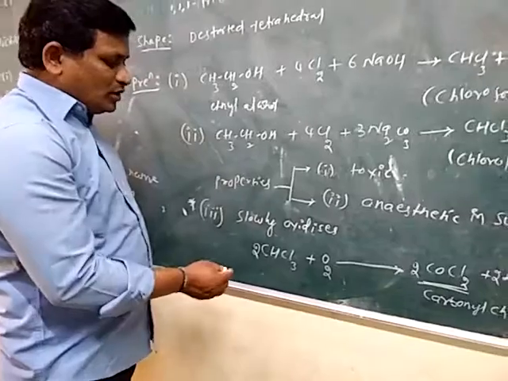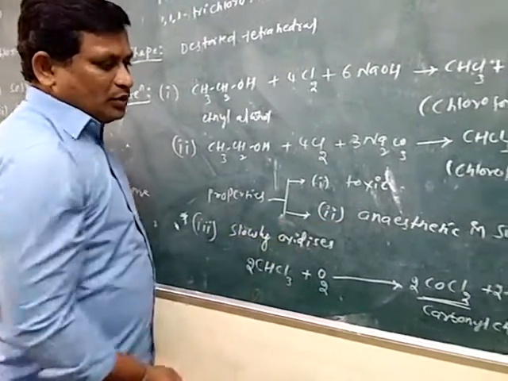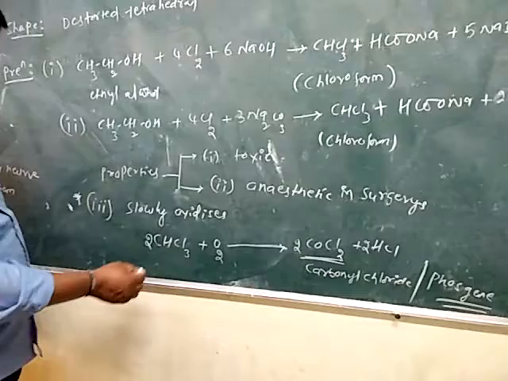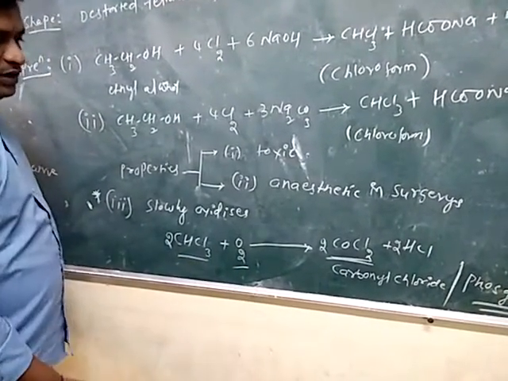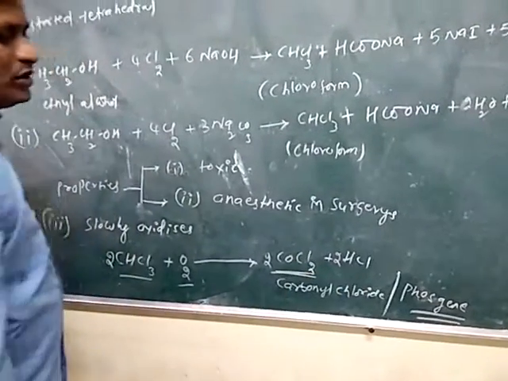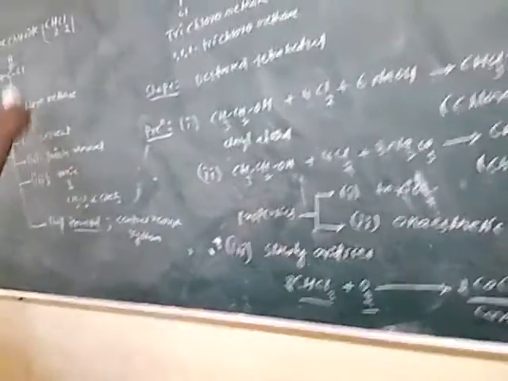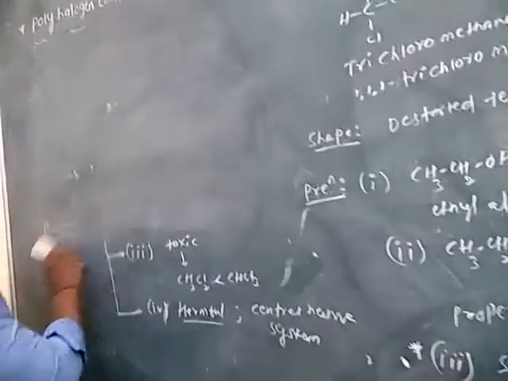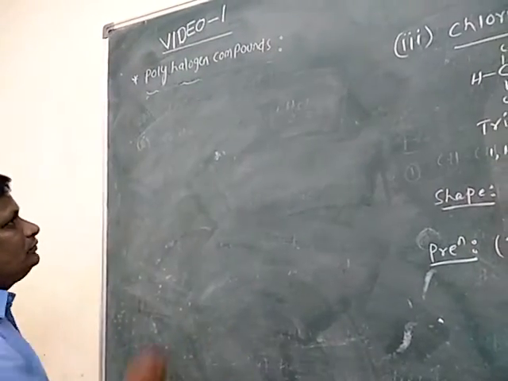So the third property is that chloroform slowly oxidizes to carbonyl chloride, or phosgene. 2 moles of chloroform treated with oxygen give COCl2, carbonyl chloride or phosgene. It is a very toxic gas.